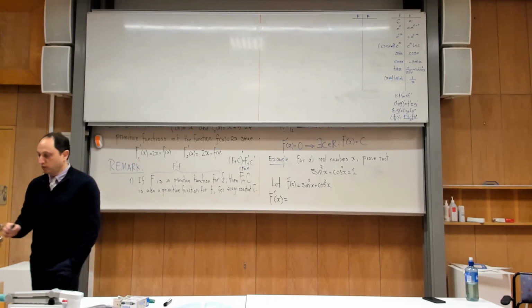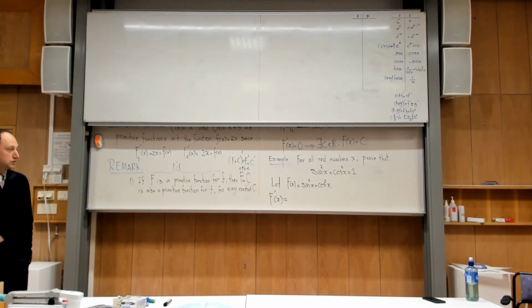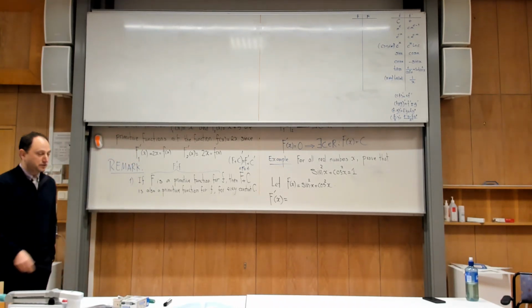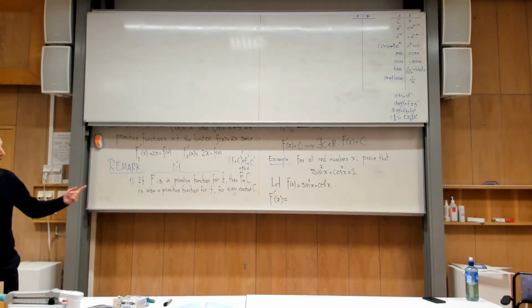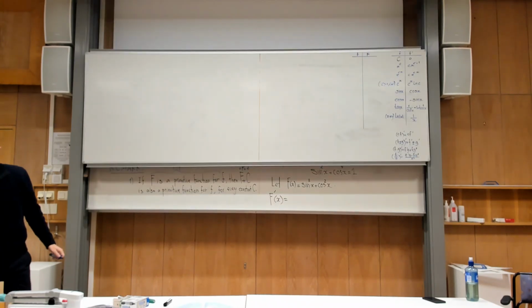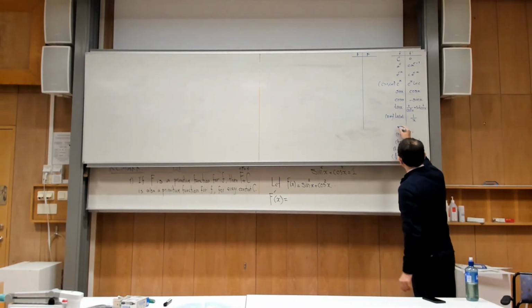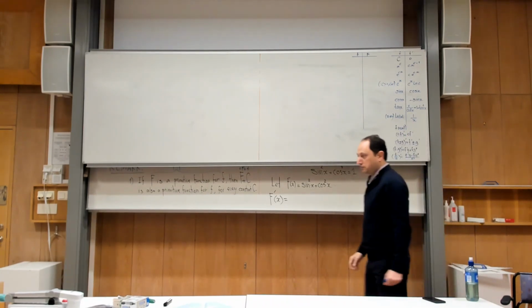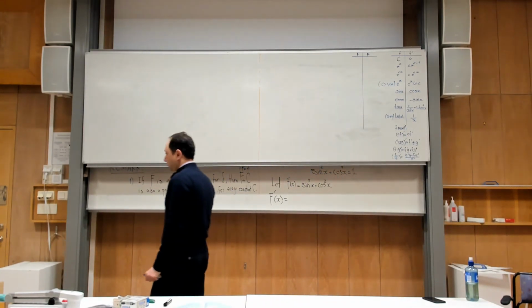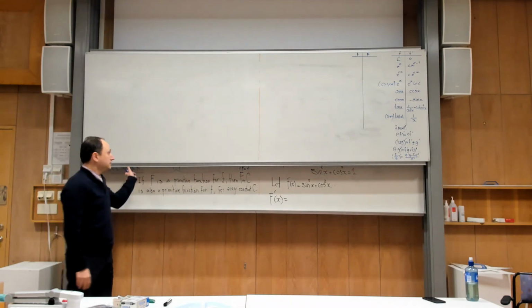I paused the video and I want you to do this yourself. This is at the level of the book and you should be able to do it based on the knowledge that you gained in the previous chapter. I give you 2 or 3 minutes. For this one you also need the chain rule. So if you don't mind, let me write the more applied version of the chain rule.